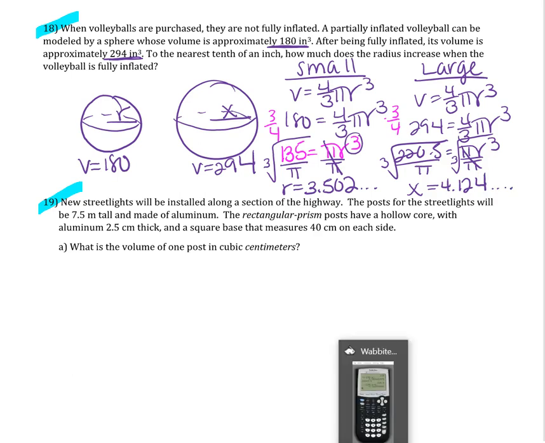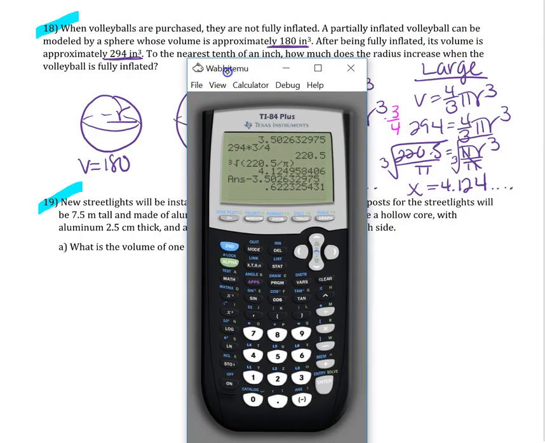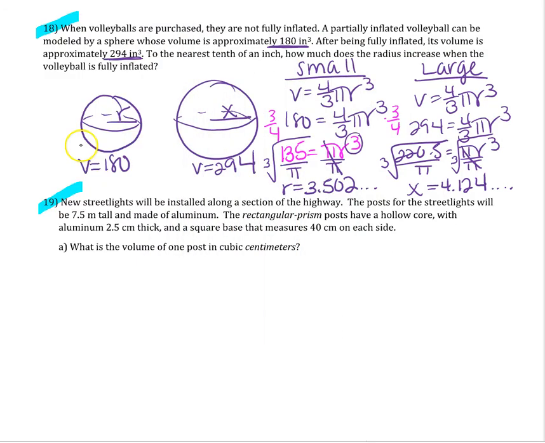Okay, and then I just have to take the difference of those. So I had that. Take away, fortunately I have an old software calculator up here, so I'm just going to type out that decimal. 0.026, okay. So what did it say to round to? Just the nearest tenth of an inch, 0.6. Hopefully I didn't make a mistake, gotta double check my key. And I did it right. Yay! So it increased by 0.6 of an inch.